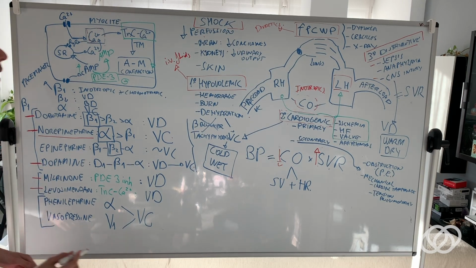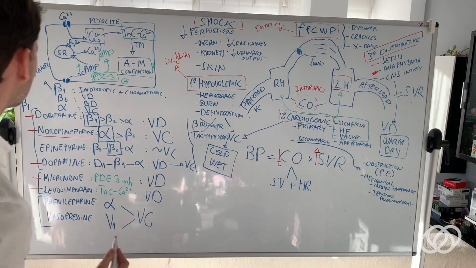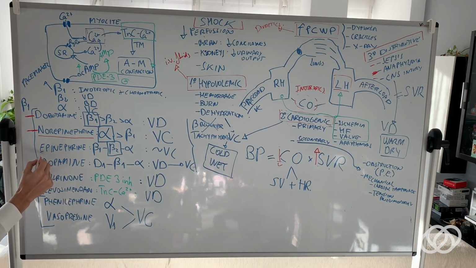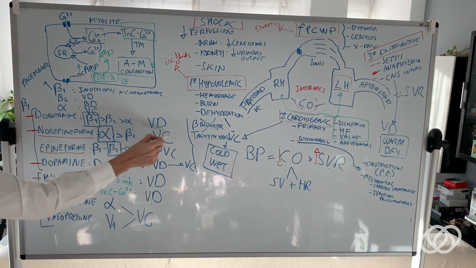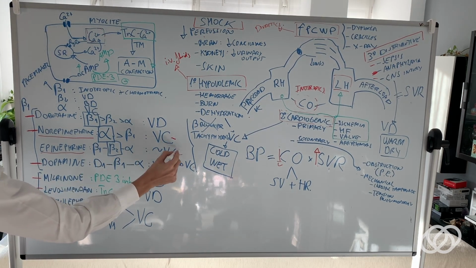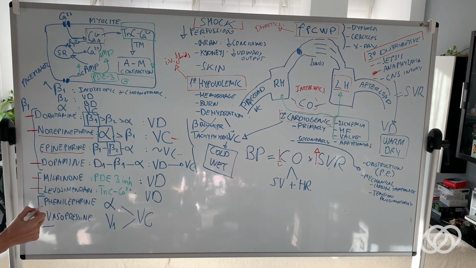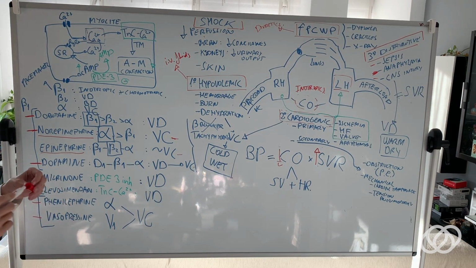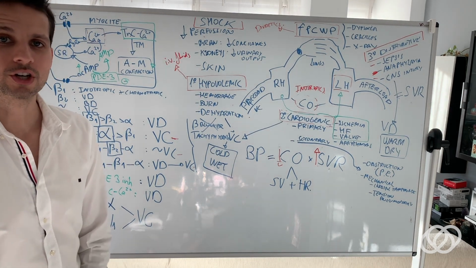But if the cause is anaphylaxis, then we will probably give epinephrine. If in this setting of a distributive shock, the vasoconstrictive effect of any of those drugs is not enough, then we will be able to add a pure vasoconstrictor like phenylephrine or vasopressin. And that's all with the treatment of shock. Thank you.